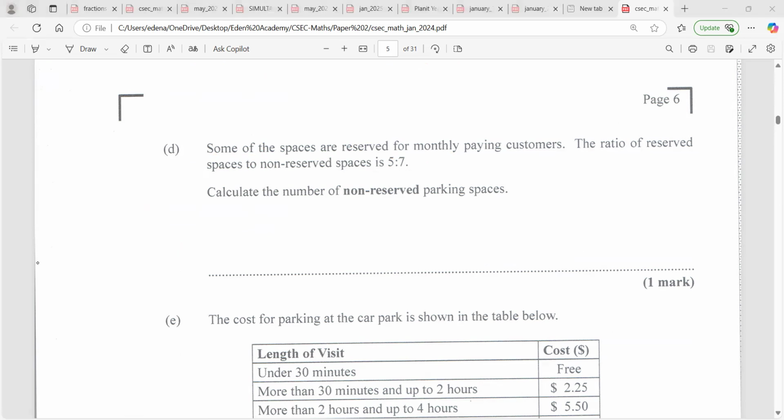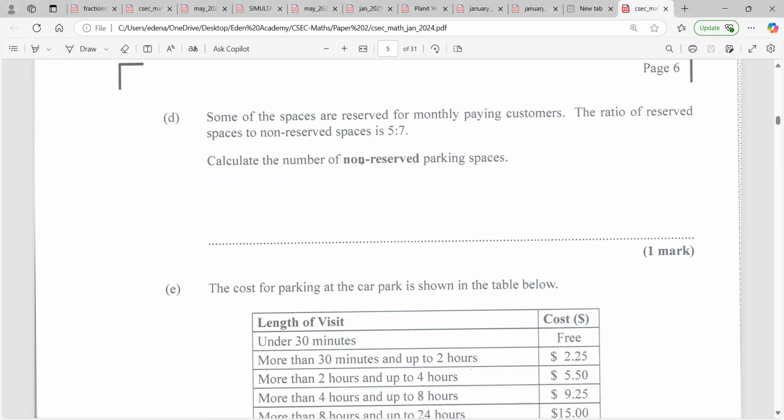Some of the spaces are reserved for monthly paying customers. The ratio of reserved spaces to non-reserved spaces is 5:7. Calculate the number of non-reserved spaces. So we could approach this by using it like a fraction. We add 5 and 7 to get the total, 5 plus 7 equals 12.